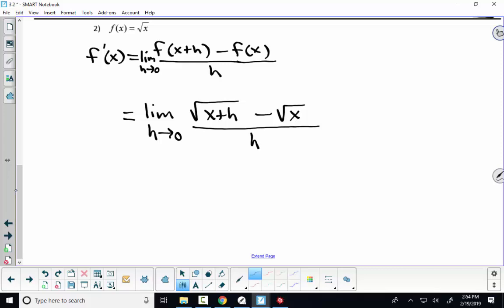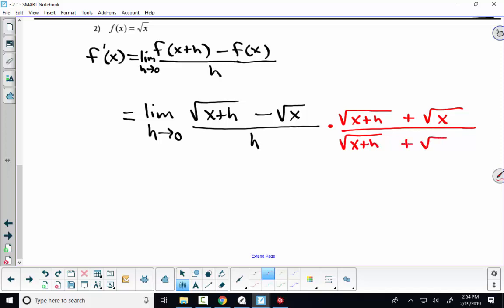So let's simplify this. Multiply through top and bottom by the conjugate: the square root of x plus h plus the square root of x.